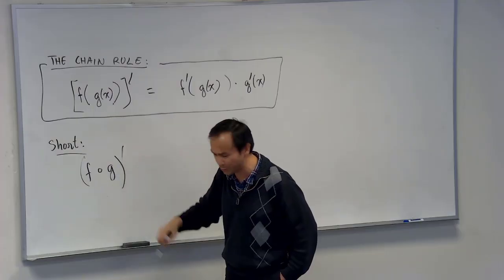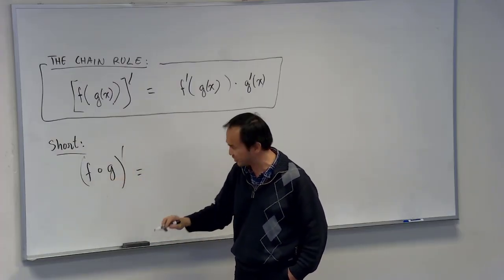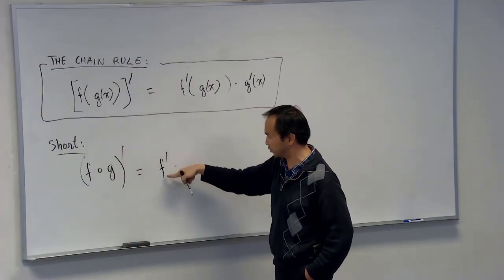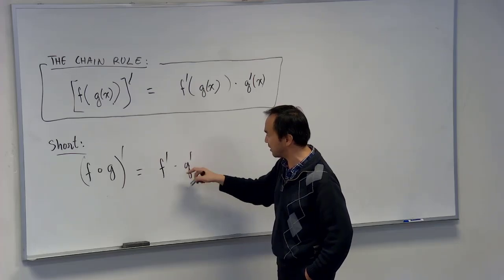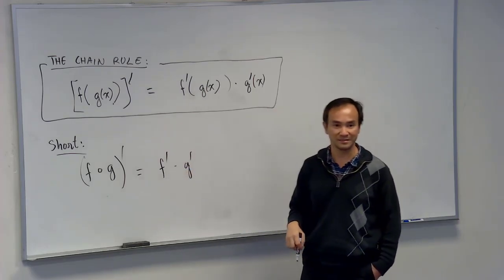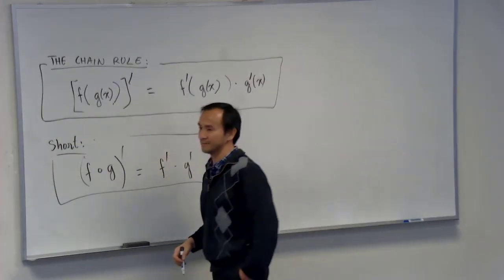When you take the derivative of that, the outside function is the f, the inside function is the g. So here's how I'm seeing it. Chain rule says f prime, the derivative of the outside, multiplied with g prime, the derivative of the inside. That's the short version of the chain rule.